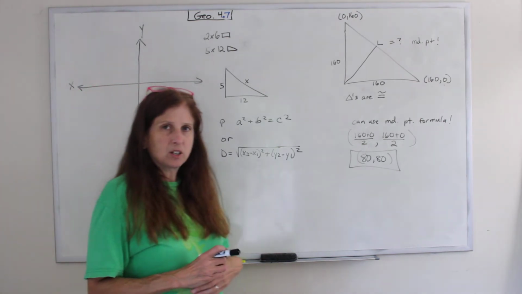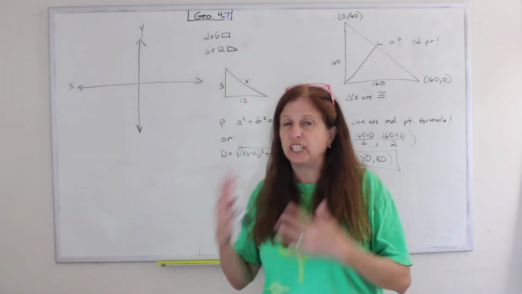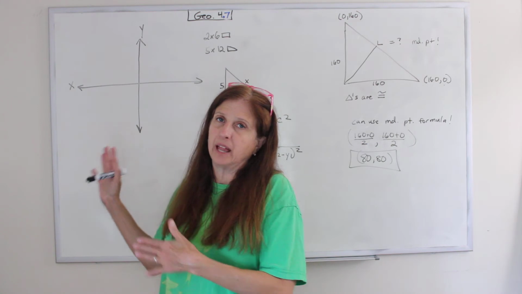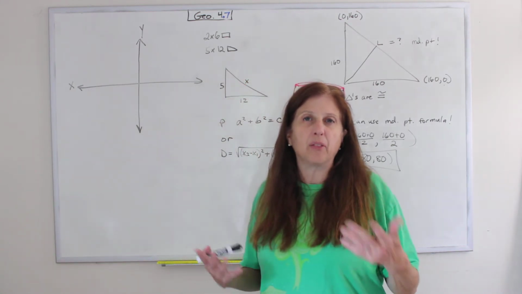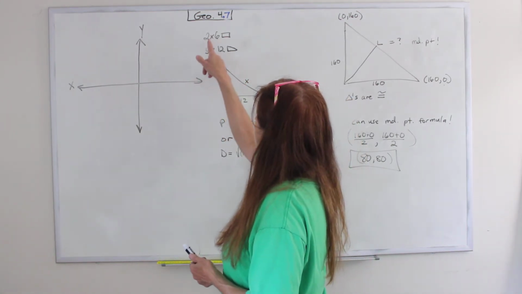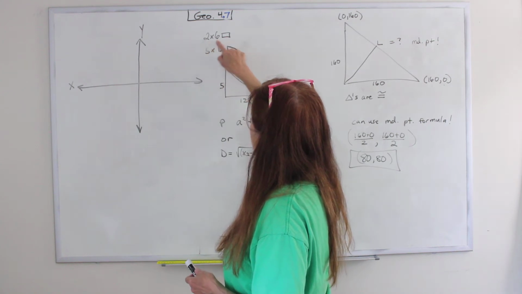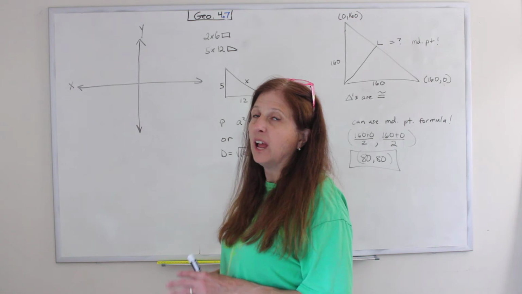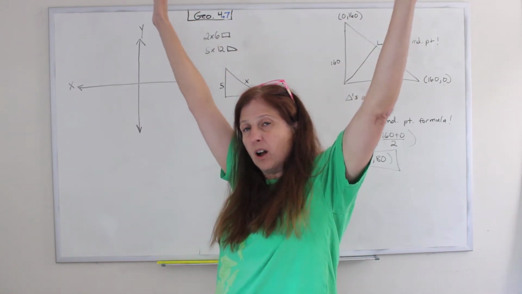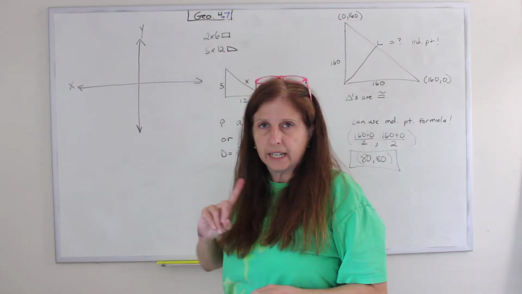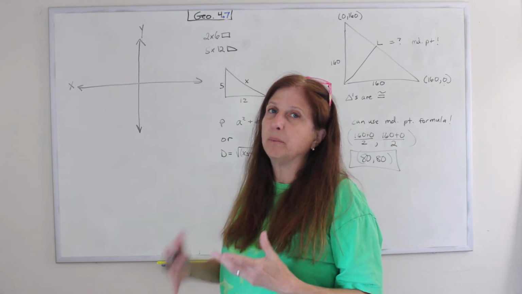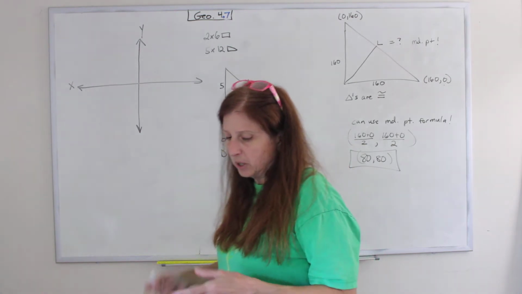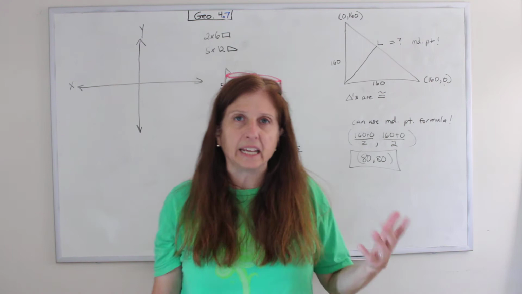And the first thing the book talks about is sometimes you're asked to put shapes on the coordinate plane and then figure out things about them. If you had a 2x6 rectangle and you were going to put it on your piece of graph paper, you can put it anywhere you want, so you should do it smartly. You should make it in a place where it would be easy to calculate lengths and stuff like that.